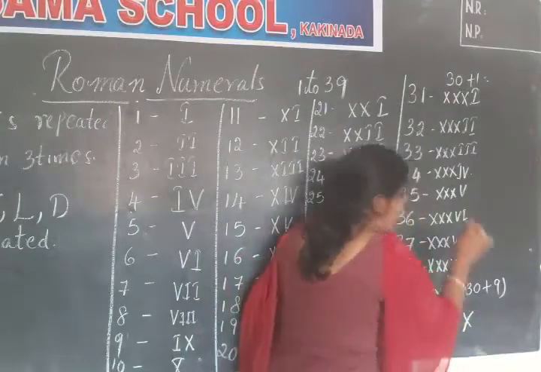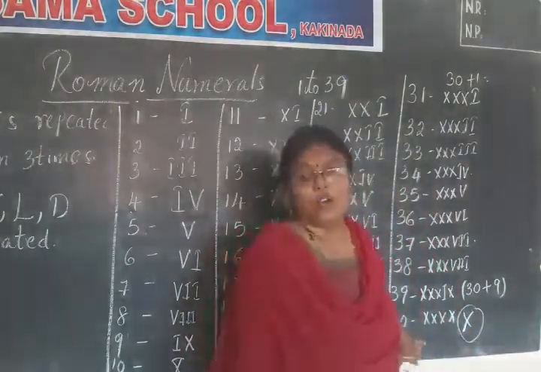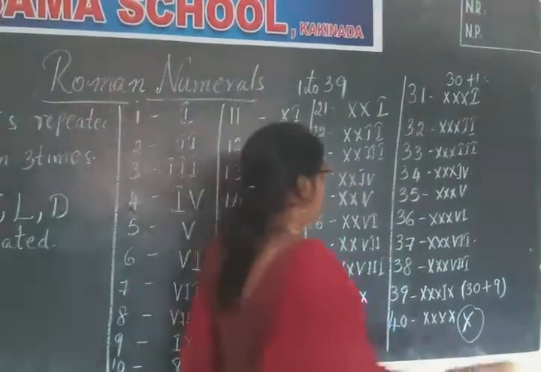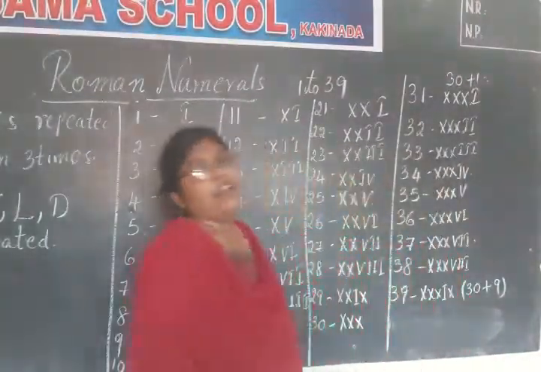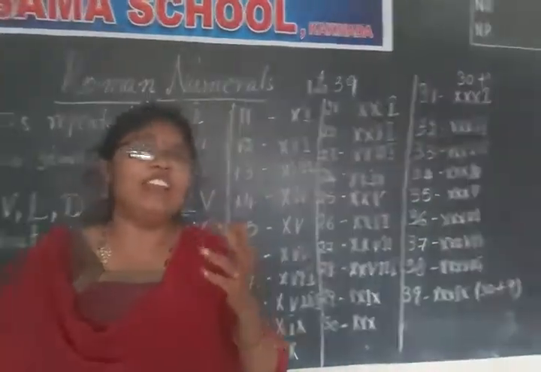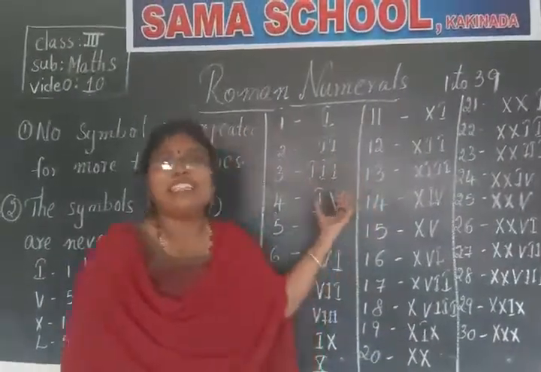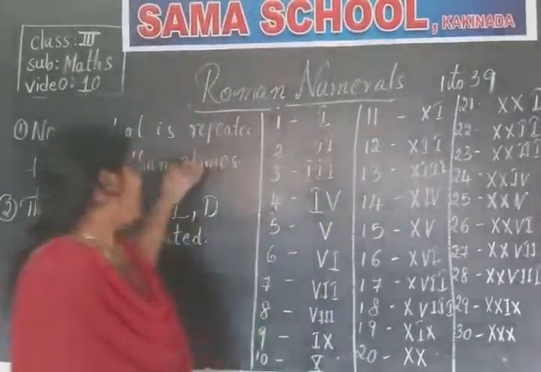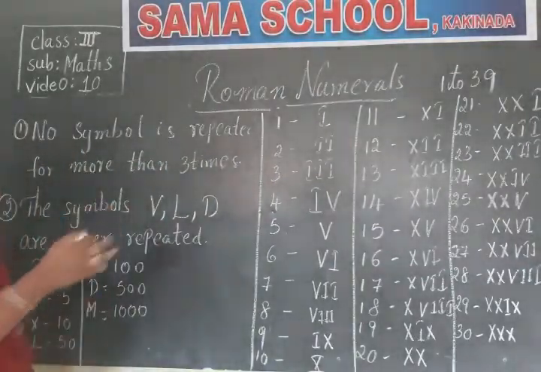So, it is not the way to write 40. Okay, children? How to write 40 and to write more numbers, we will learn in our next classes. Learn these numbers very well. You have to learn these 7 symbols to write all those numbers.